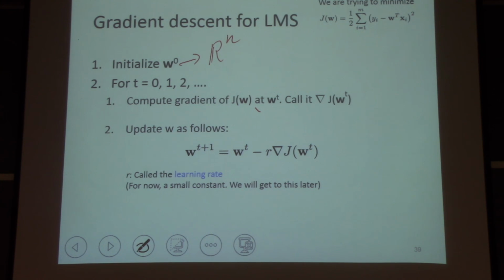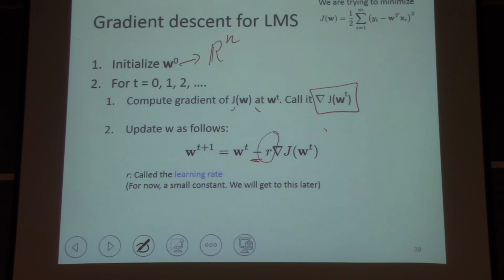So when your estimate of the weight vector is wt, you find its gradient, nabla J, and you go in the opposite direction of the gradient. How far should you take a step? That is determined by this thing called r, which is the learning rate. And if you're going down the bowl and you take a huge step, you can just overshoot the minimum.